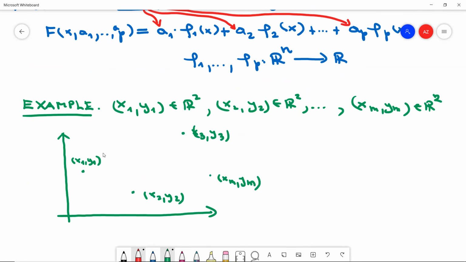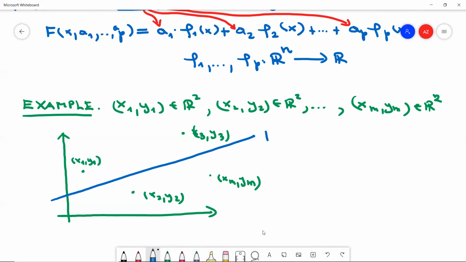And from statistics, you probably remember linear regression, that's true. Or finding a polynomial, this will also be true. Let's first look at linear regression. From statistics, you probably remember you had points, and you had to find the best fitting line through those points. And this was nothing else than a linear model.